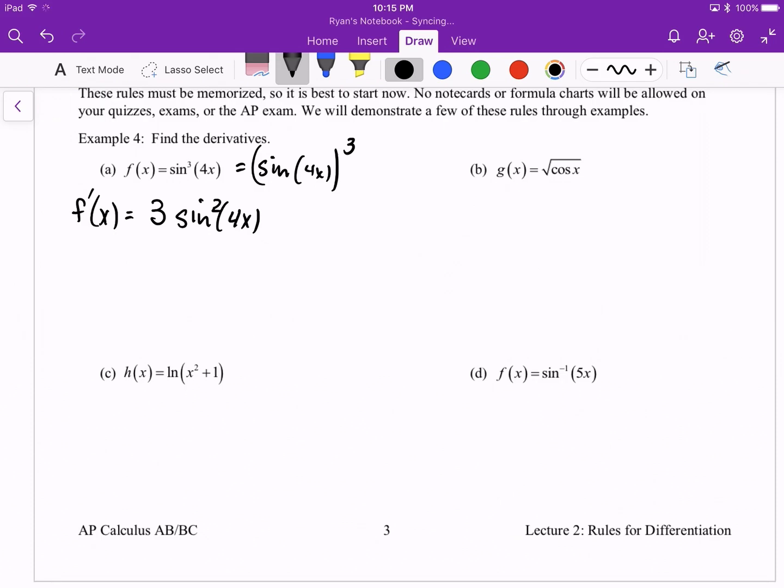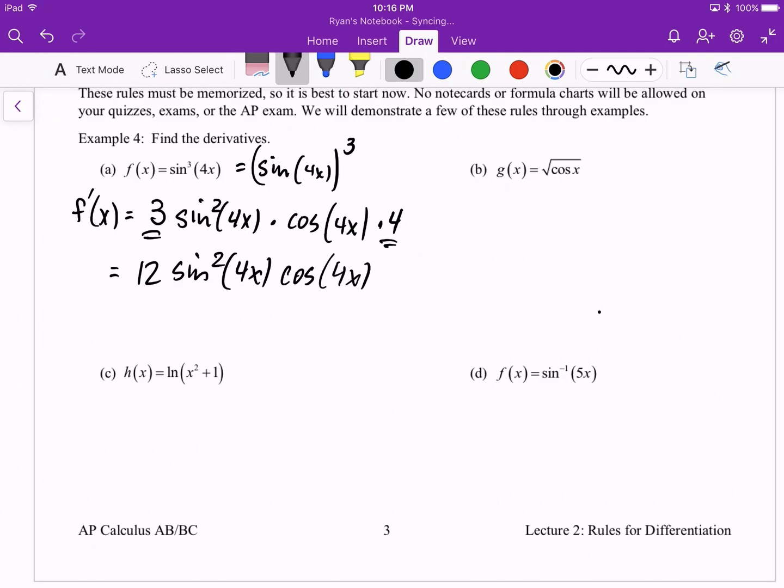And if you look back up at your rules, the derivative of that is going to be cosine of 4x multiplied by 4. Okay, really the only thing to do in order to make this look complete is to multiply the 3 times the 4. So 3 times 4 is 12. 12 sine squared of 4x multiplied by cosine of 4x, and there you have it. That is your final answer.